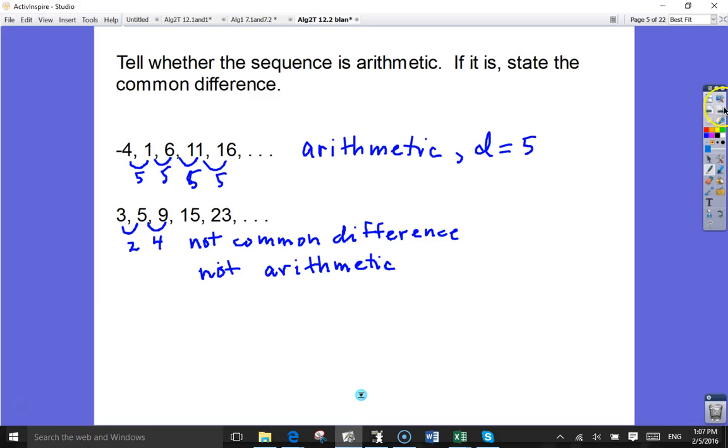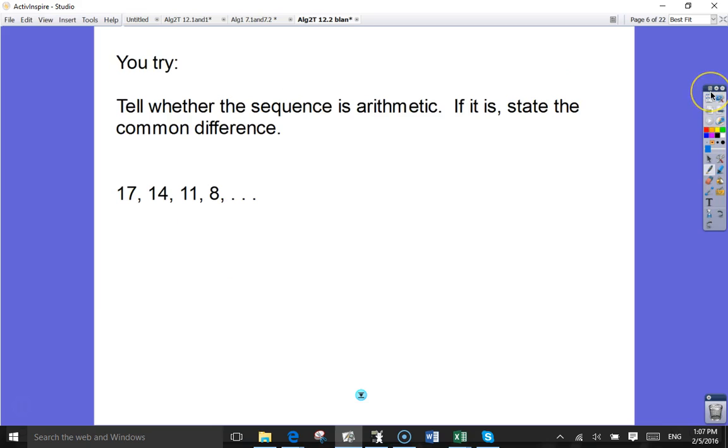Next. Try that one. Is that one arithmetic? And if it is, state the common difference. That ought to take you 3.4 seconds.